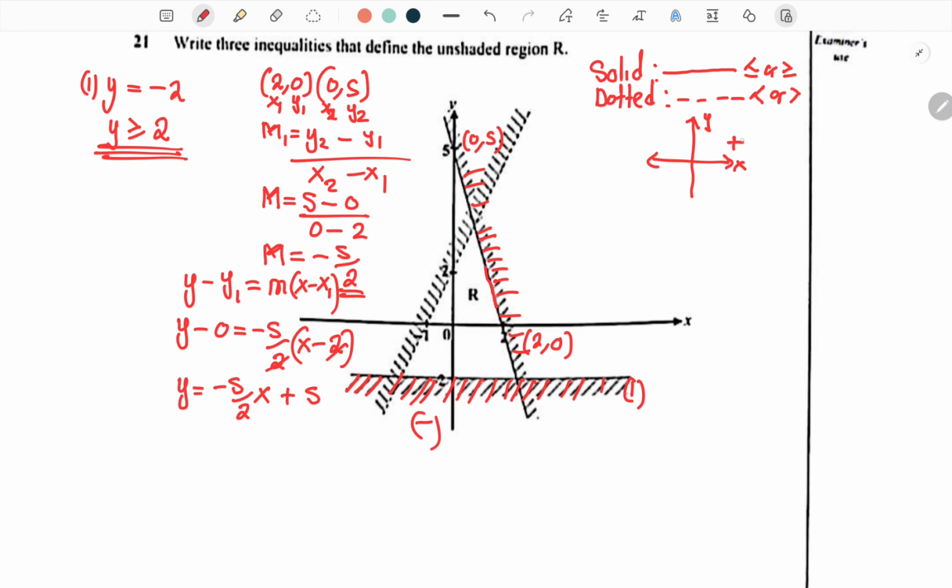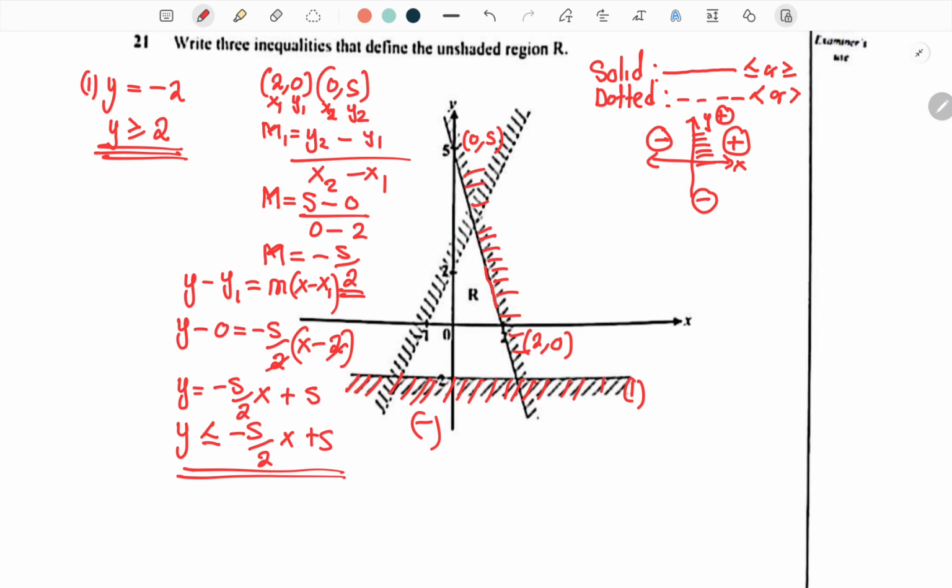So this part is the positive side of x. This is the negative side of x. This is the negative side of y. This is the positive side of y. Now, they are shading this particular side, which is the positive side of x. So you need to say the opposite. So it's going to be y less than or equal to -5 over 2 x plus 5. This is your second equation.